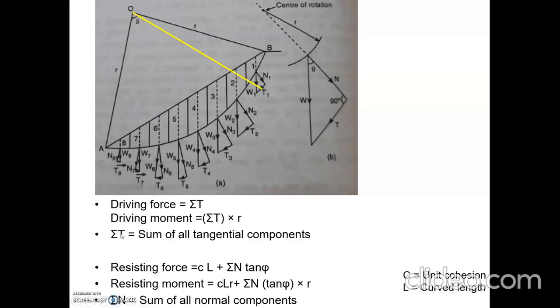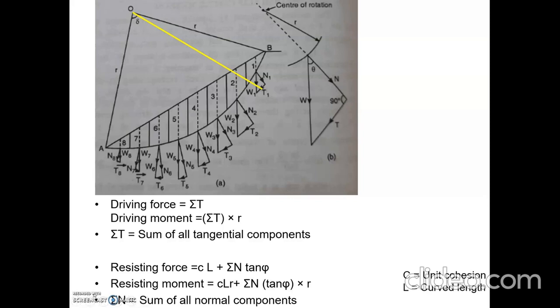So here we have written summation of T is sum of all the tangential components. Now we will find out what is resisting moment. As already we have got the equation for driving moment as summation of T into R, and we know that only tangential component of W is contributing to the rotation of the soil mass, whereas normal component is not responsible for the rotation.